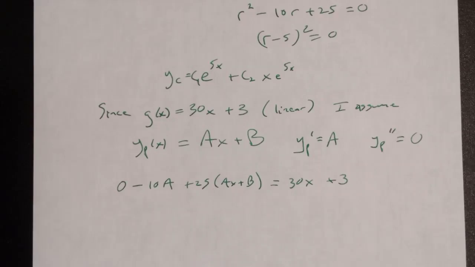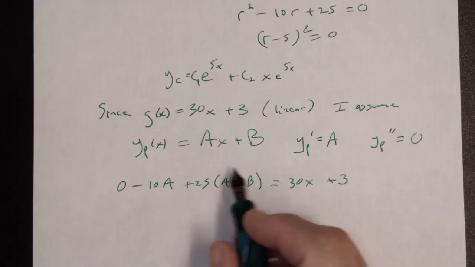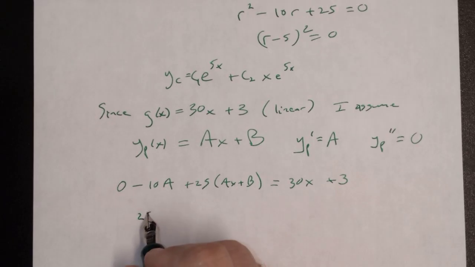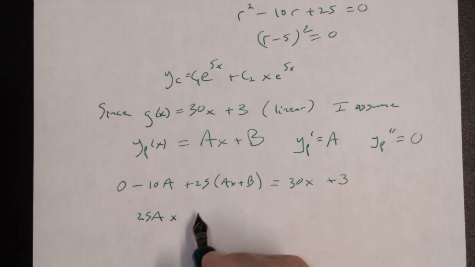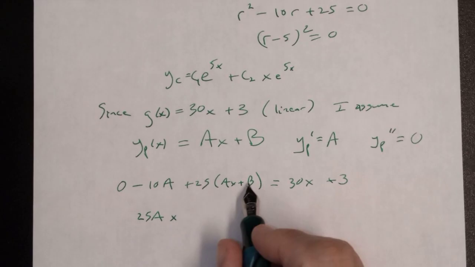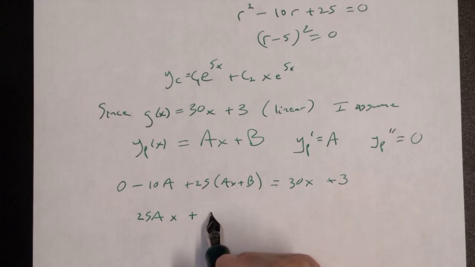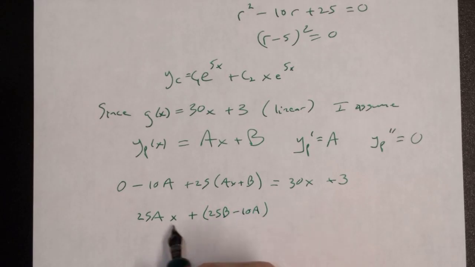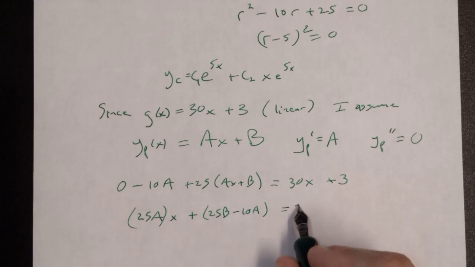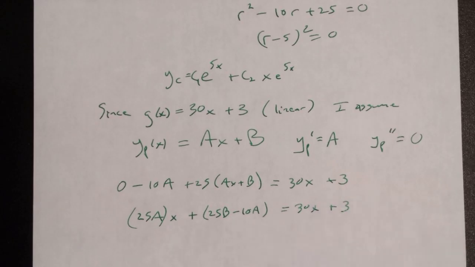That's it. Oh, wait a second. Right here, I get 25ax, and then everything else is a constant. So I get 25b minus 10a. And now I have two equations and two variables.